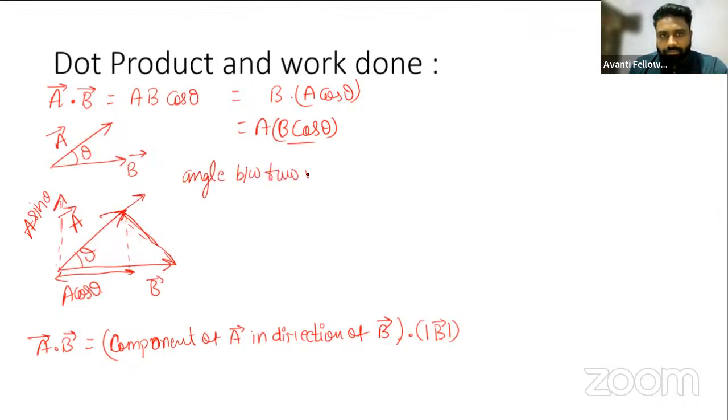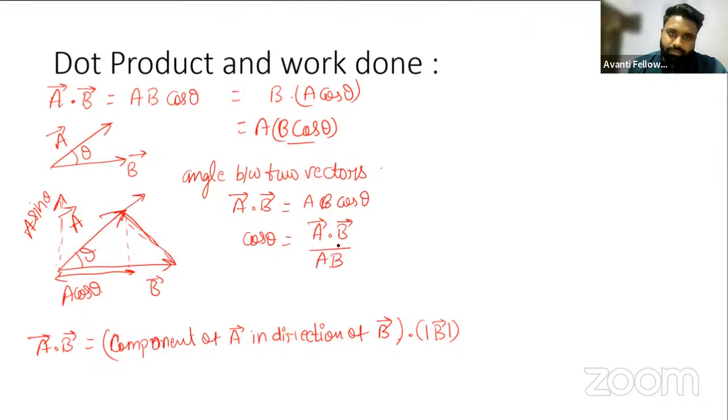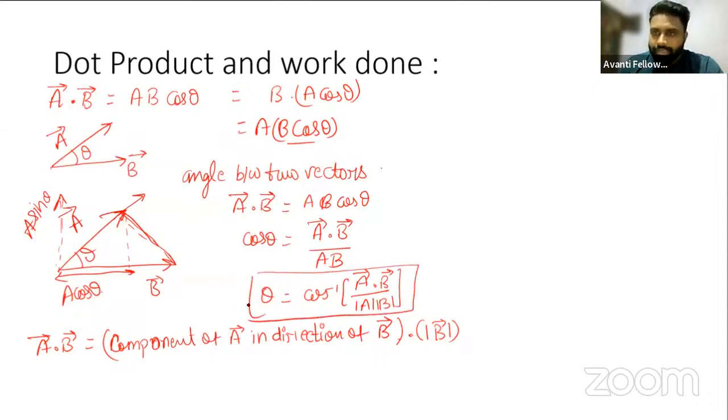A dot B equals AB cos theta, so cos theta equals A dot B divided by AB, and theta equals cos inverse of the dot product of both vectors divided by the product of their magnitudes. So this is the angle between two vectors.